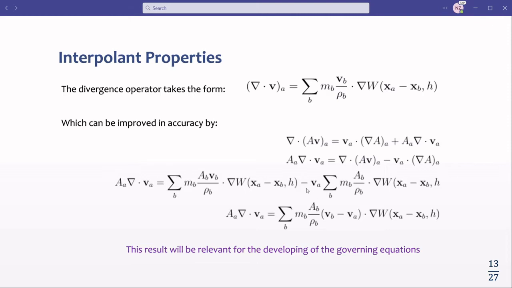In fact, this V_a does not depend on b, b are the neighbors, so we can take the velocity out, and all the terms are the same inside the summation. So we can express this divergence as this equation, right? And the only thing we have to do is divide the right-hand side by uppercase A measured at a, and then we have the divergence. This is really important for developing the governing equations.